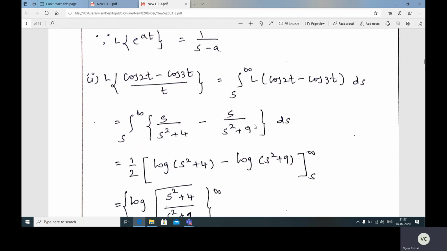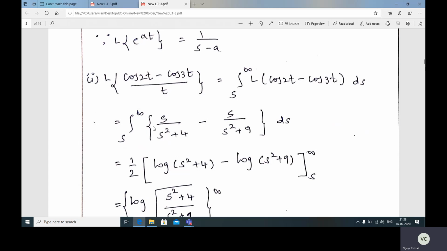So we need to integrate this one. So first observe these two terms. The denominator is s square plus 4 and here s square plus 9. Numerator here also s, here also s. So for this we can apply one standard result: integration of f dash x divided by f of x dx will be log f of x.